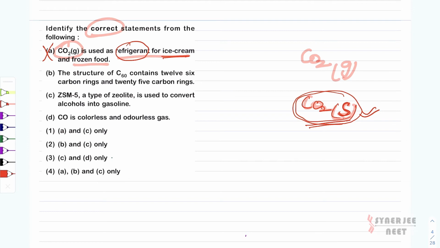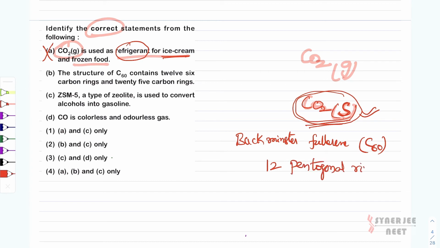The structure of C60, which is Buckminster fullerene. Now Buckminster fullerene has 12 pentagonal rings, that means 12 five-membered rings exist, and 20 hexagonal rings. Just like a football, if you notice a football, there are pentagonal rings and hexagonal rings.